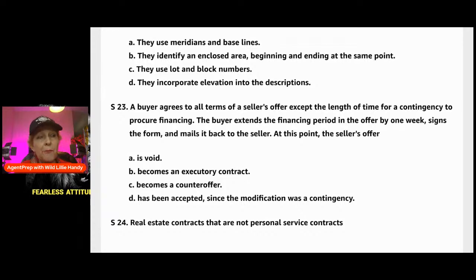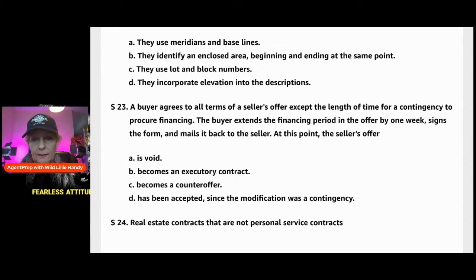So the buyer sent an offer, the seller countered, and then the buyer countered again. That's basically what's happening. Who makes an offer first? Typically, it's the buyer, right?